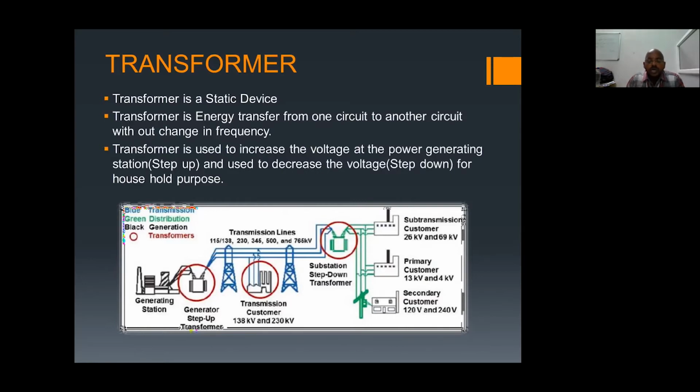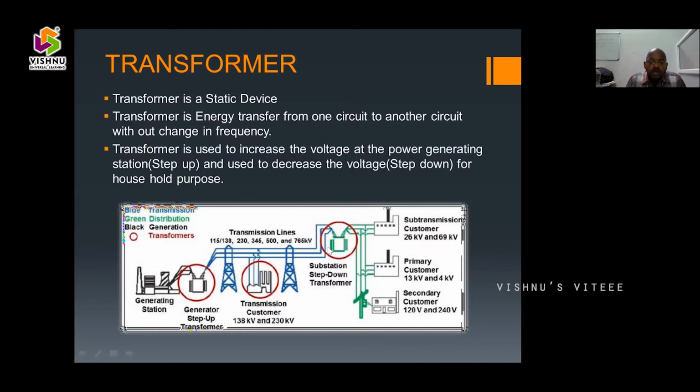In this diagram, three transformers are mentioned with red color symbols. At the generating station, we are increasing the voltage level for transmission of power from one place to another, so we are using a step up transformer. In between the transmission lines we are using one more transformer, and at the end of the transmission line we are using a step down transformer.